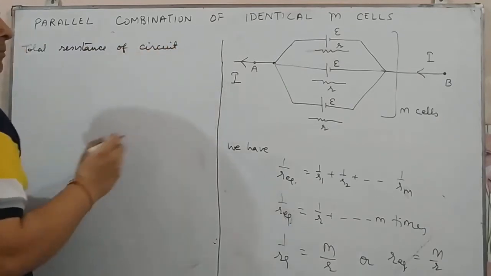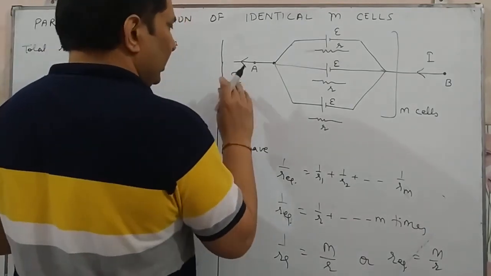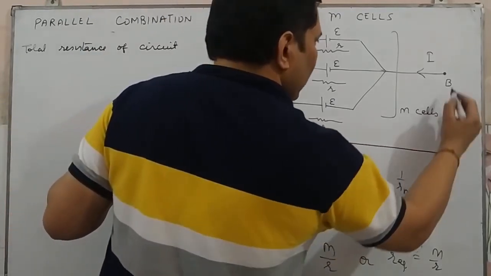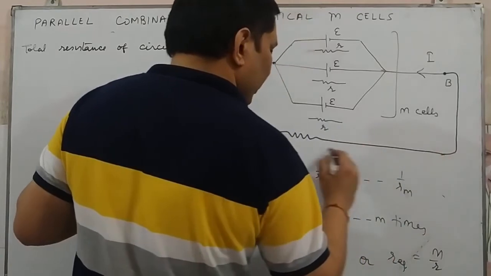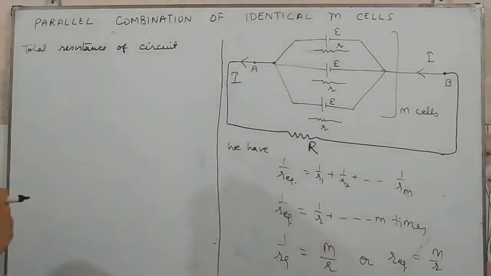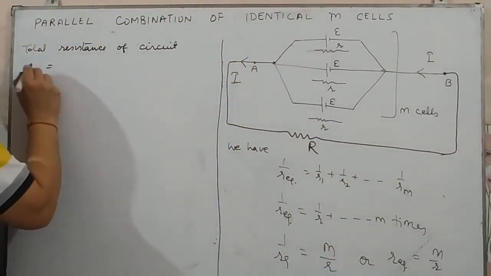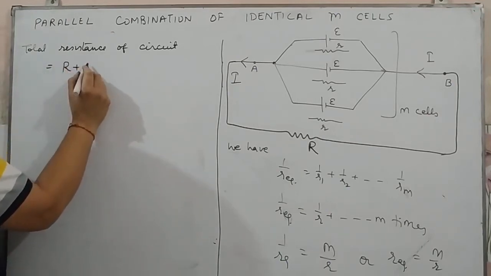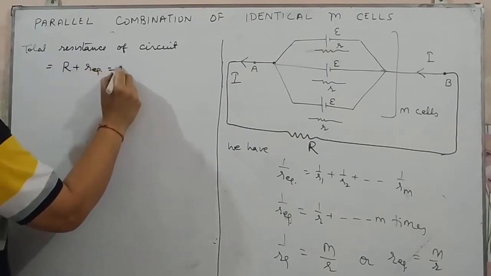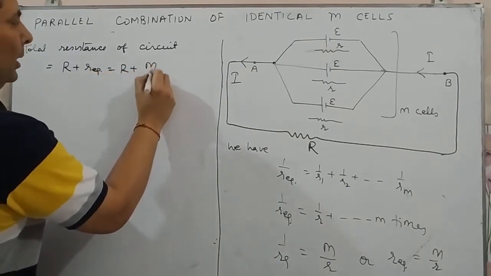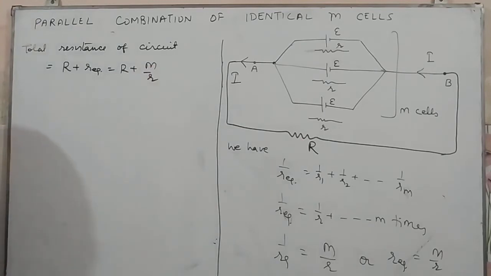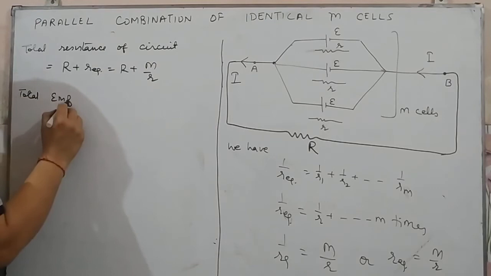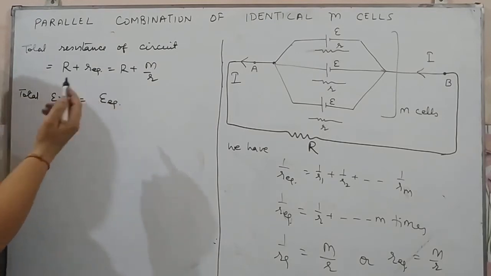For that purpose, we need to connect external resistance of value capital R. So the total resistance of the circuit is R plus r by m. Next, total EMF is E equivalent. So let's solve for this.